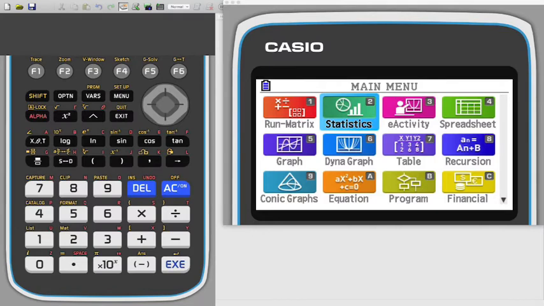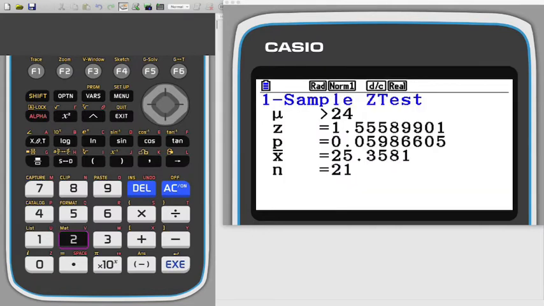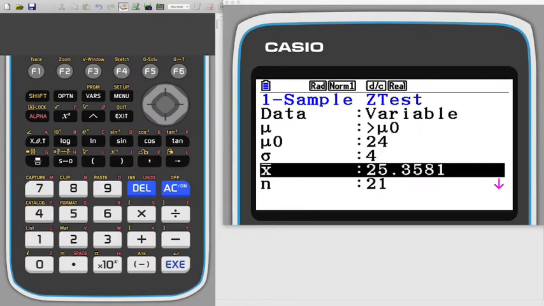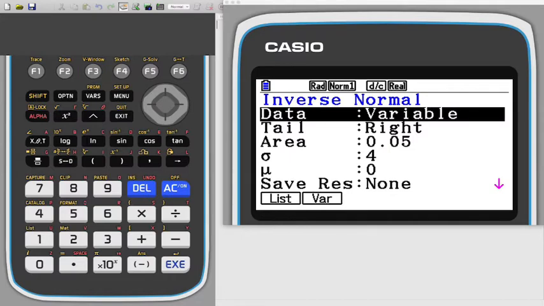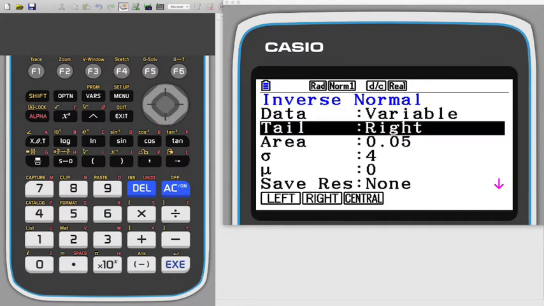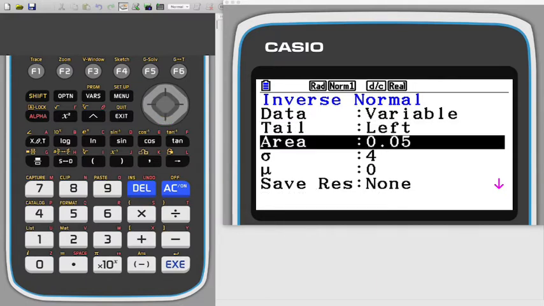If we just go to the number 2 menu this time, let's just exit that, and then go to distribution, which is 5, F1 for normal. We want inverse norm. We want variable, but we want to go for the left side, so it's F1. We want 0.05.